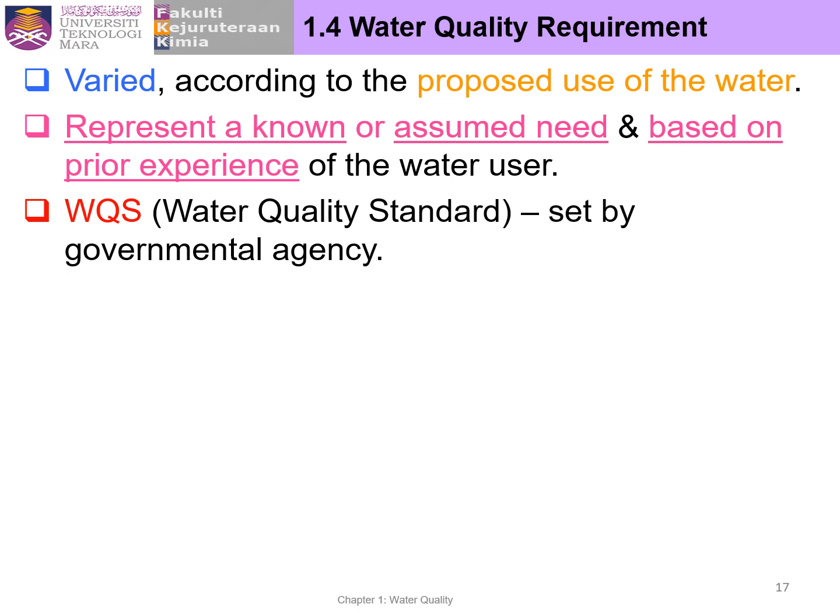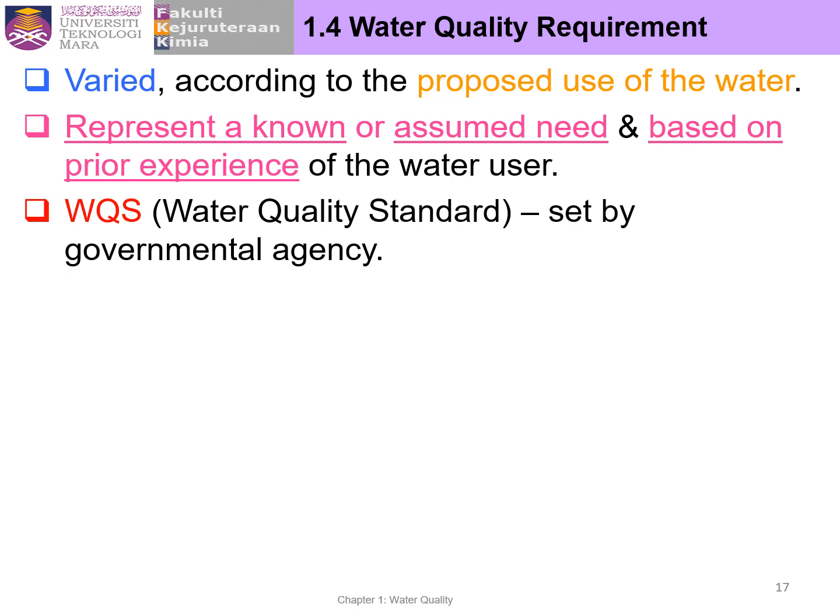Now we go to the water quality requirement. Okay, what is water quality requirement? Water quality requirement varies according to the proposed use of the water. It means you have a certain standard that we should follow so that you can have a good quality of water.